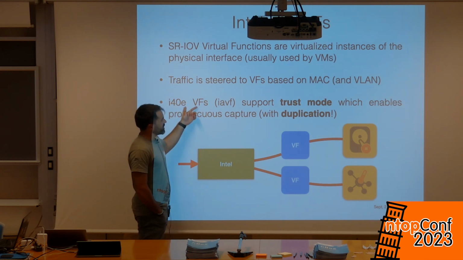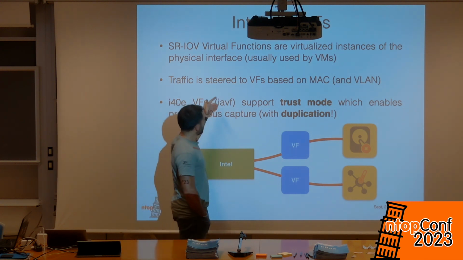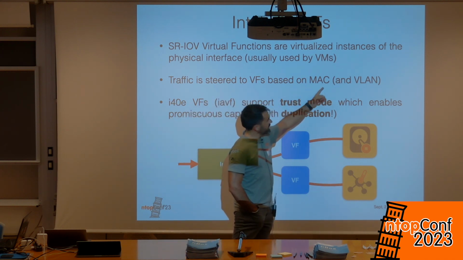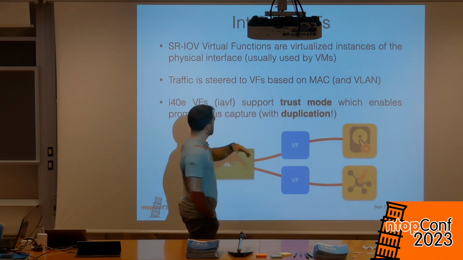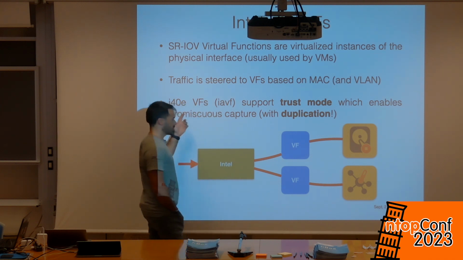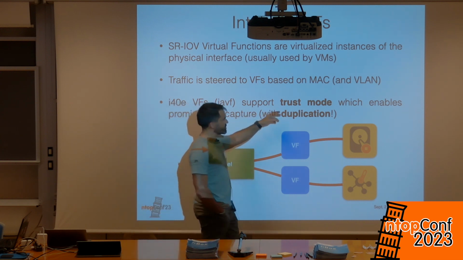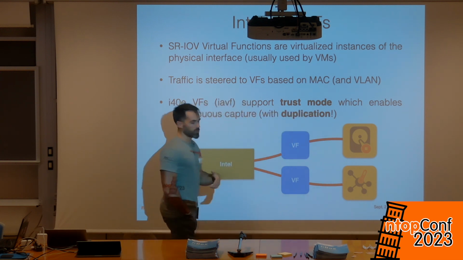Those virtual functions steer the traffic usually based on MAC address or VLAN to the virtual machines, but in adapters from this family, not all of them, they also support the trust mode that enables a slightly promiscuous mode.